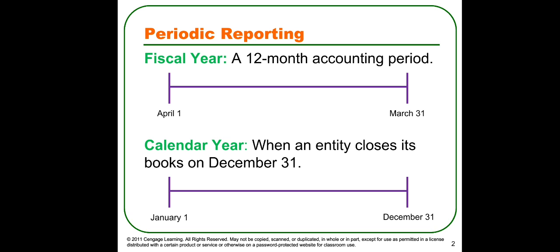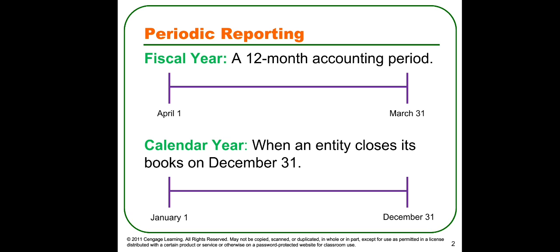So the thing is like this. In accounting, we divide the life of a business. We assume that a business will continue to operate in the future, but we divide the life of the business into accounting periods.